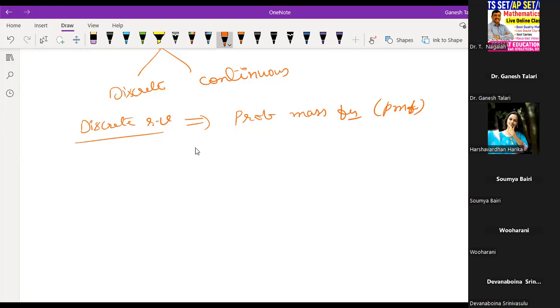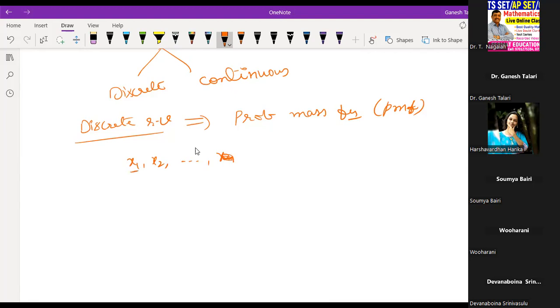Suppose capital X is a discrete random variable, and the values are x1, x2, and so on, xn. Each possible outcome.